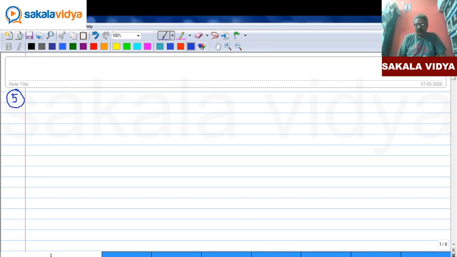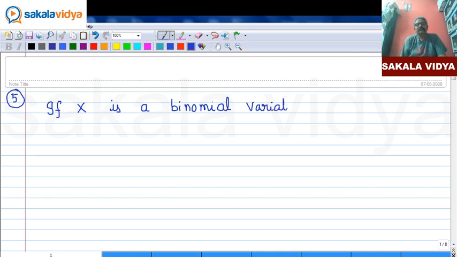If X is a binomial variate with mathematical expectation E of X. Mathematical expectation means, don't get any confusion, that is the mean.